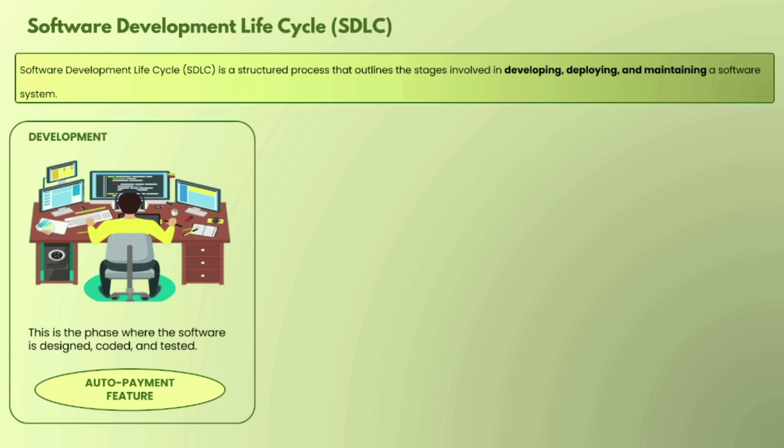We will see design in depth in an upcoming tutorial. Then it gets coded by the developer and tested by the tester, or what we call the QA team. So all these steps happen in stage number 1 of the SDLC, that is development.